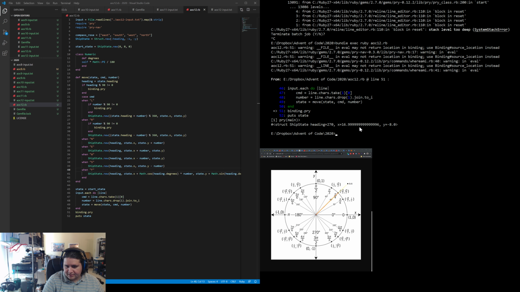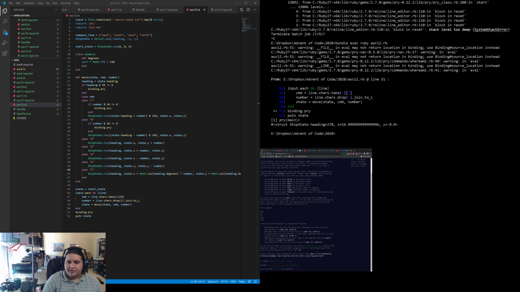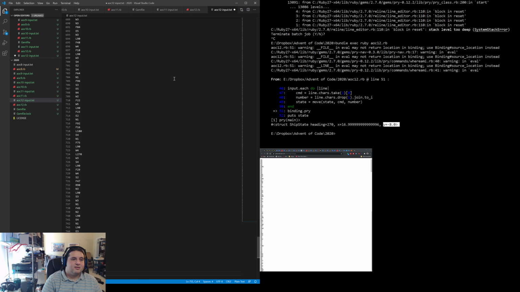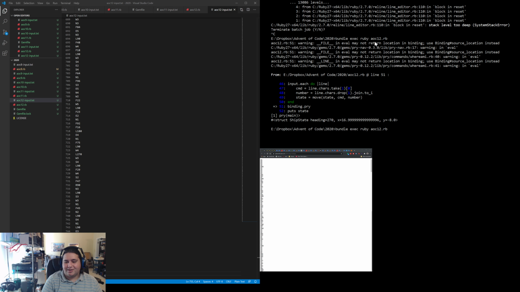And you go to 17, 8, which is exactly east 17 and south 8. This should be negative 8. Oh yeah, it is negative 8. Okay, perfect. Then let's get our actual puzzle input and see if this whole thing works. Minus the floating point errors because we're using trigonometric functions.